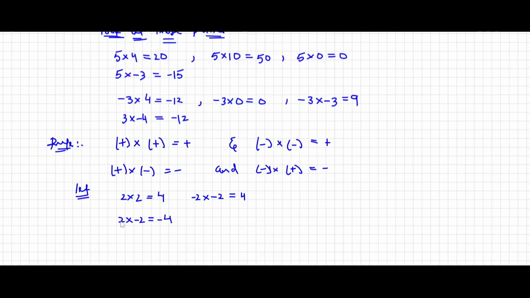So a positive number into a negative number is a negative number. Next we have minus 2 into 2, it will give you a minus 4. So here you can see I have just reversed the sign. So we are basically multiplying with the negative 2.